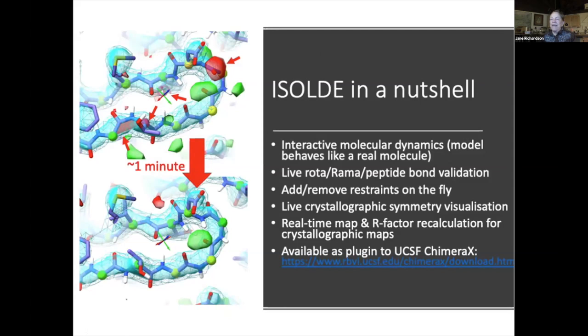It's interactive molecular dynamics that's user guided. You can tug on things or ask it to make certain changes, like you can ask it to move along in what you think is a sequence misalignment. And it has all sorts of validation markup that changes in real time as the MD is working.